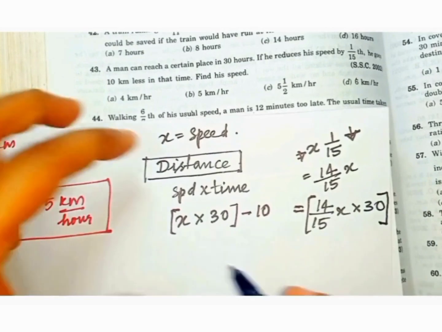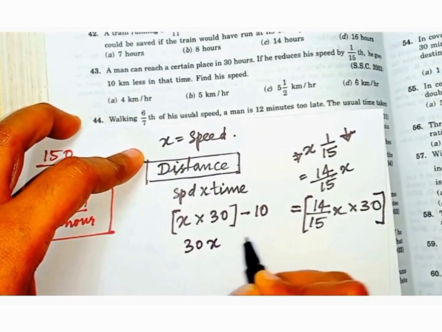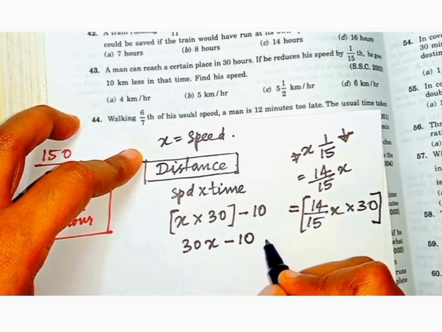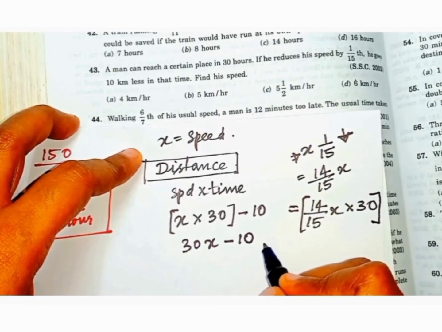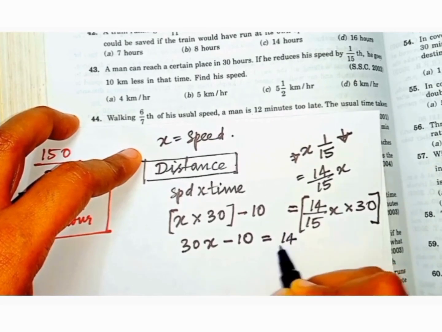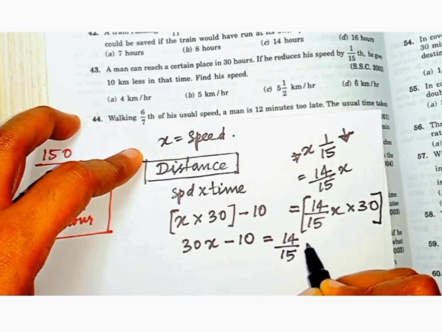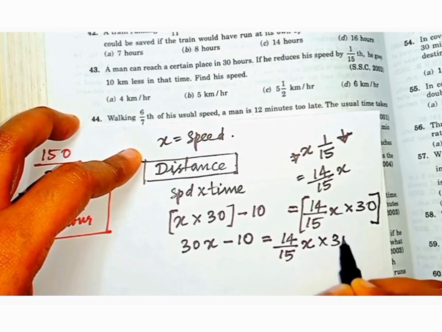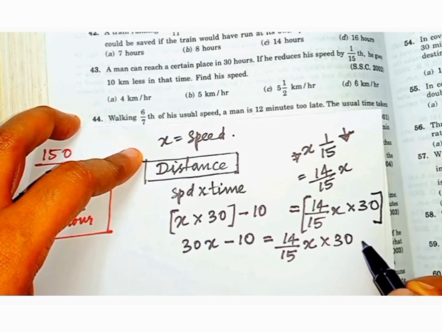What will happen with this equation? So it will be 30x minus 10, or else he could complete the same distance with reduction of 10 km when his speed is 14 by 15 of his original speed for the same time period. Hope this is clear.